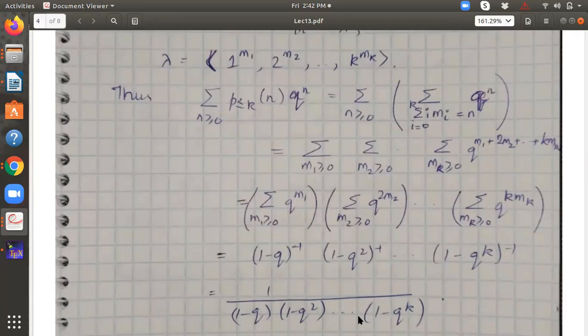Now, if we see this the other way around, which is that if I am asked to find the coefficient of q raised to n in this particular huge rational function, what will you tell me?